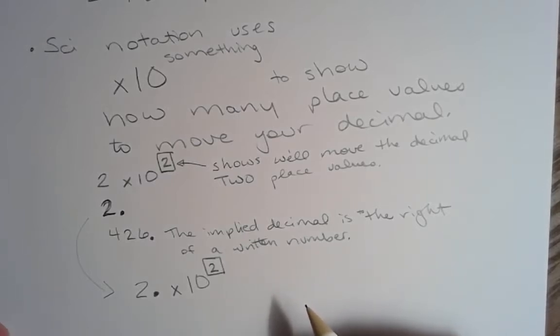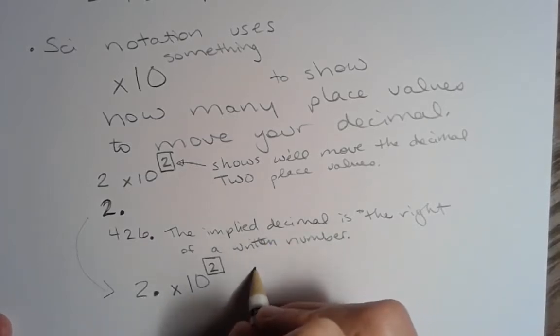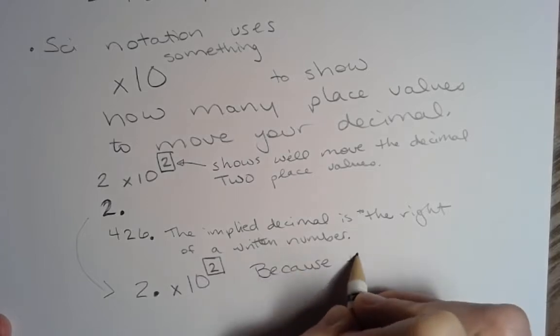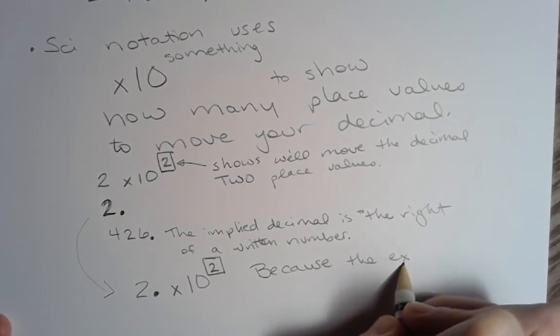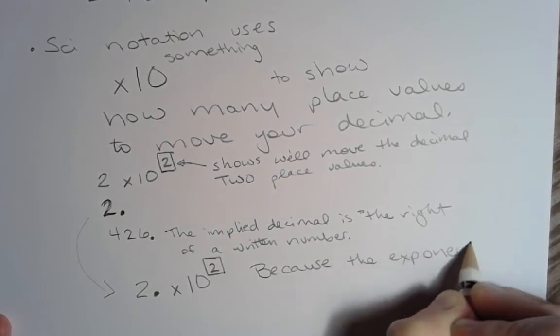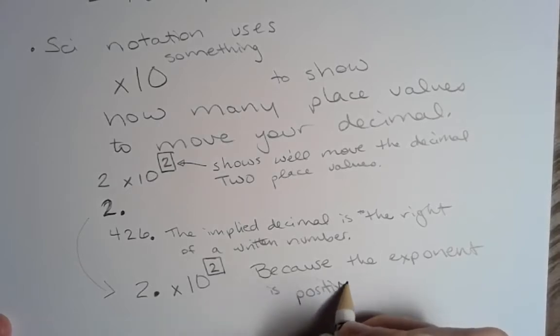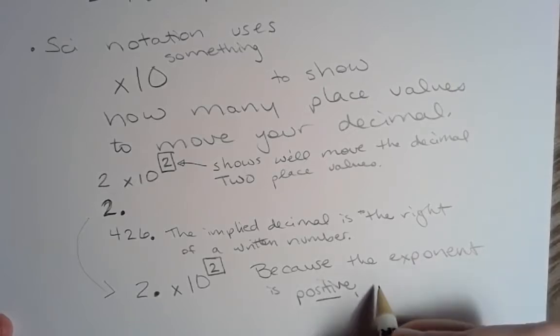Okay, great. Because the exponent is positive, it'll be a positive long form number.